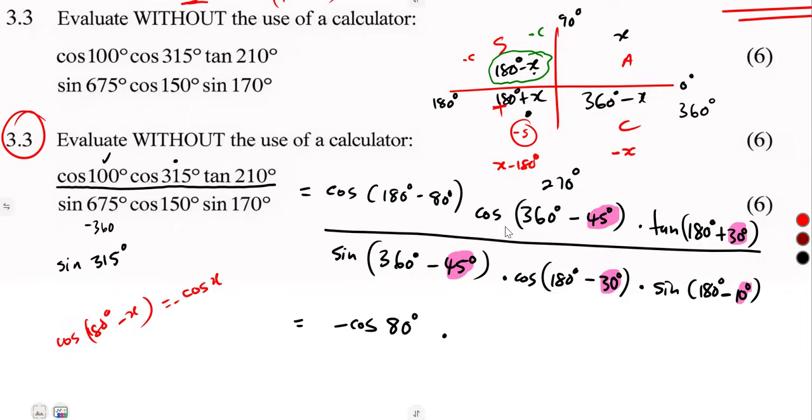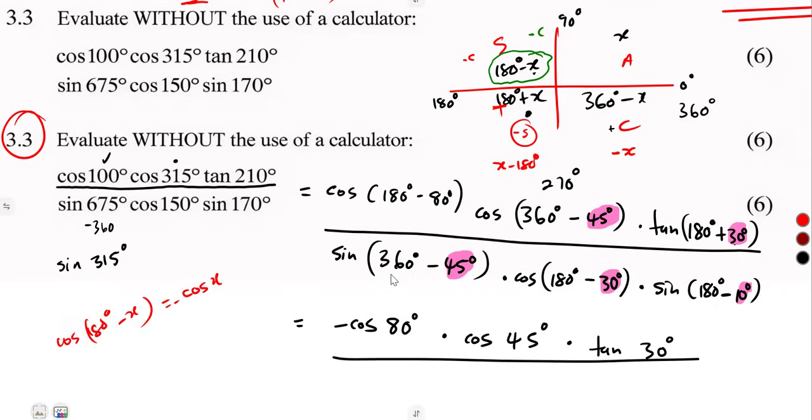All right. Cos 360 degrees minus x, 360 degrees minus 45 in the fourth quadrant, and cos is what? Positive. So it was going to be positive cos of what? The acute angle, cos 45 degrees, times the tan of 180 degrees plus x. 180 degrees plus 30 is in the third quadrant, and that's for tan. So tan is positive. Tan of what? Of 30 degrees. Everything over what?